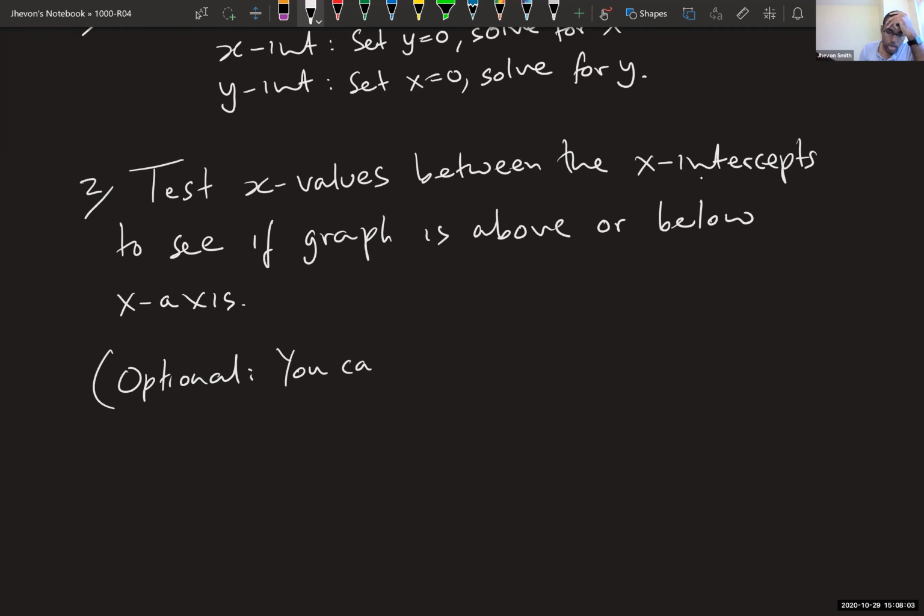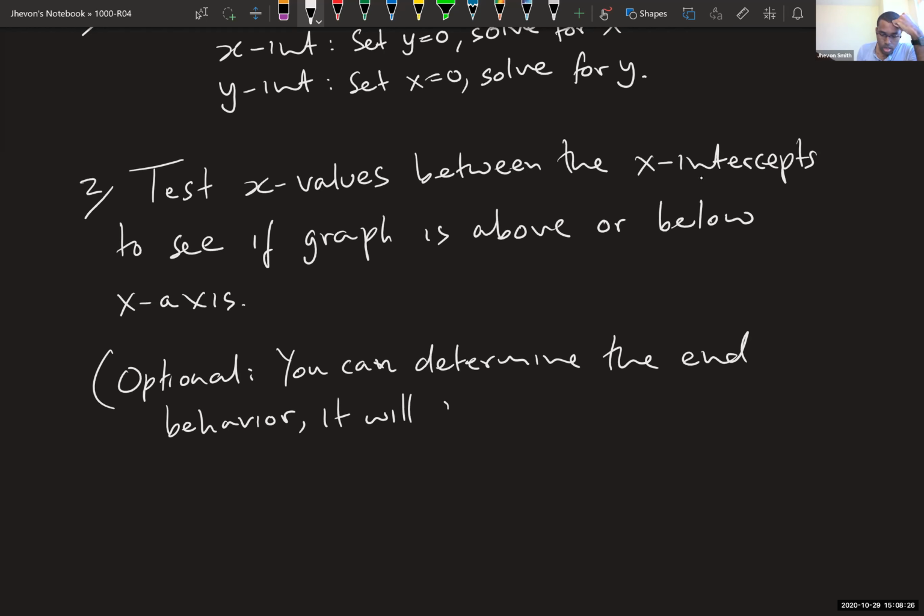You can determine the end behavior. Now, if I ask you for the end behavior specifically, then yes, you have to determine it. But in general, if I just give you something and say sketch it, you don't need to find the end behavior. You can determine the end behavior. It will save you some work in step 2.